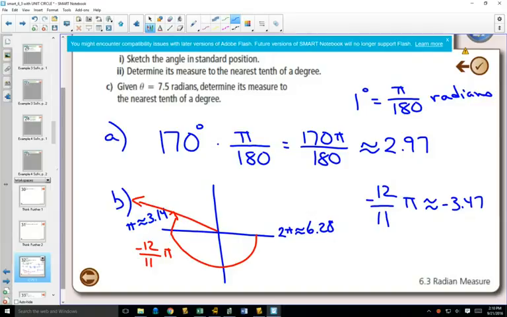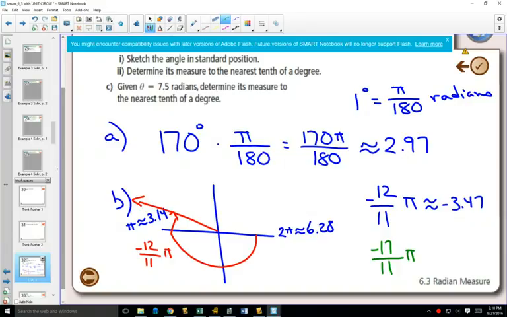If I take the same 1 over 11, and I did something like negative 17 over 11 pi, what quadrant would that end in? Well, I would go here, which would be 1. Can you see that 17 over 11 is more than 1.5?